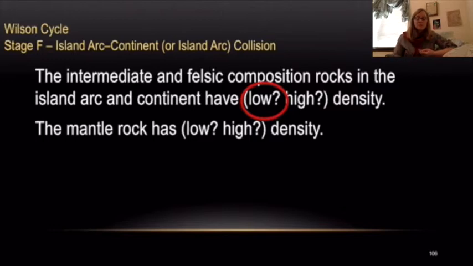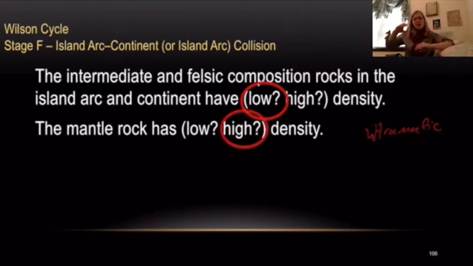Composition here is ultramafic. Is ultramafic rock high density or low density? It's high density. All right, so we've got an island arc and a continent, two low density things floating on top of mantle rock, which is high density.